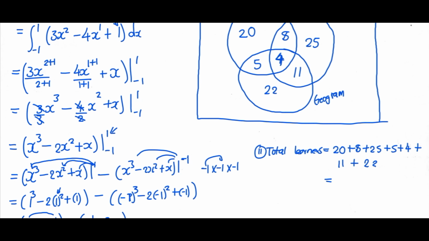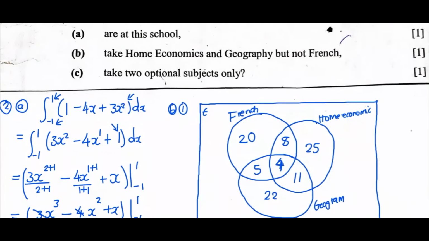So according to my calculations here, I'm getting 95 learners altogether. So that's what we are supposed to do.